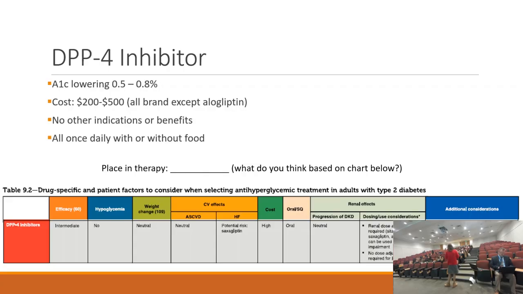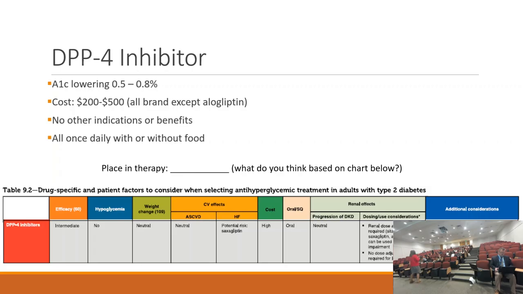I'll let you look at the chart. The A1C lowering and stuff. Yeah, GLP-1s have higher A1C lowering, so DPP-4s have a much lower impact on lowering A1C, so they're not as effective.